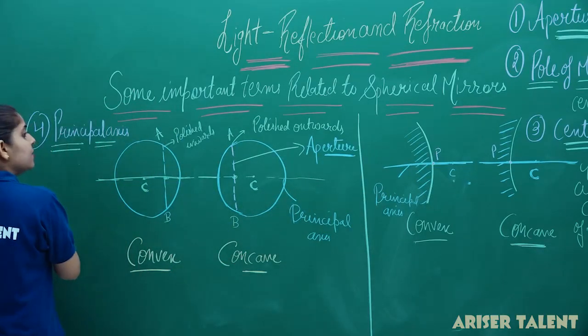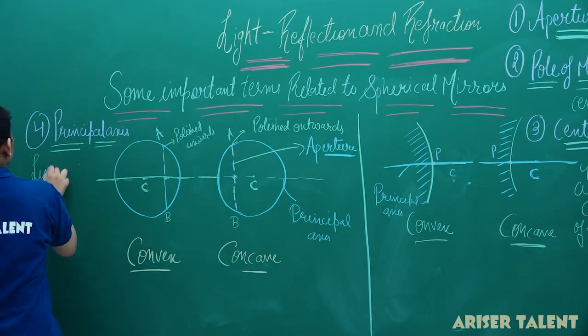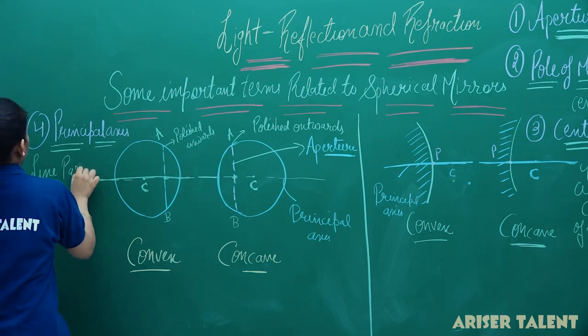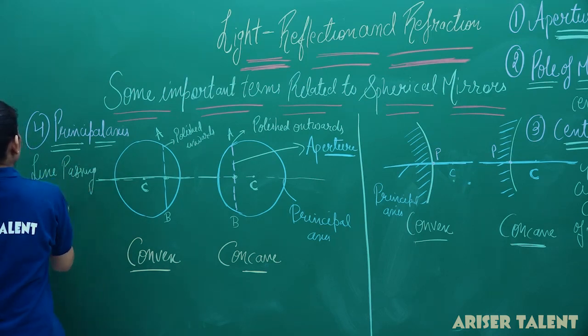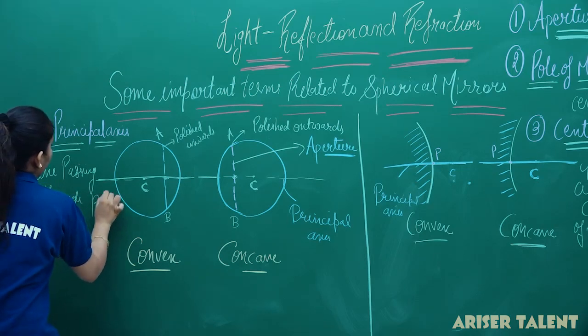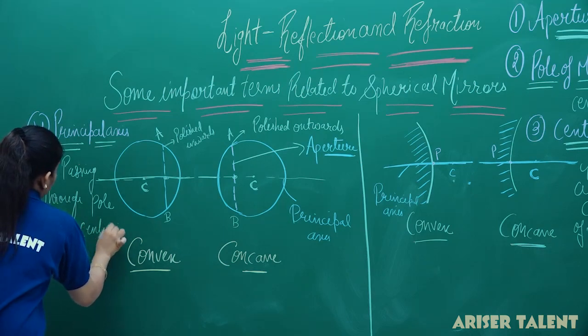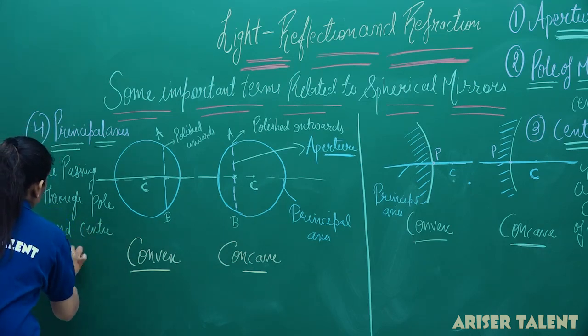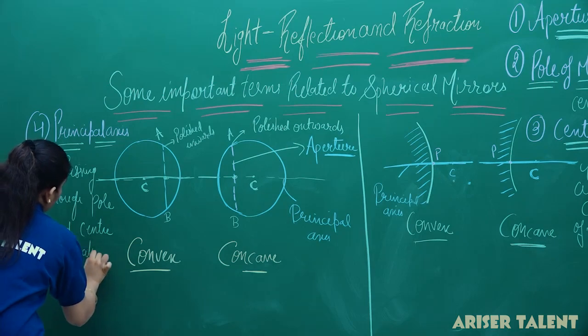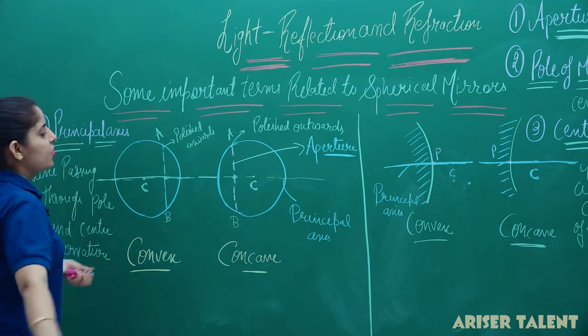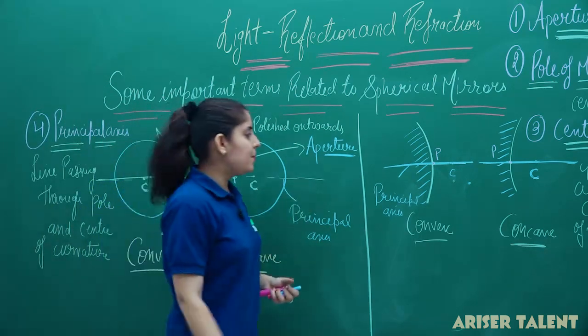So we can say that the line passing through pole and center of curvature will be called our principal axis.